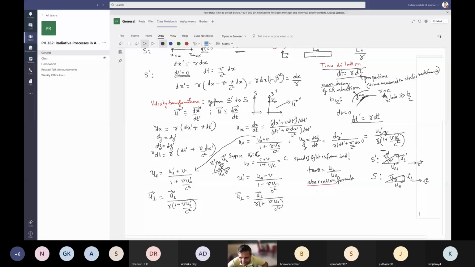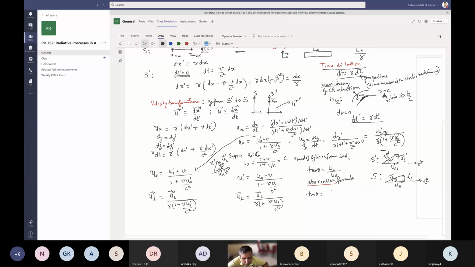Let's see. So this is tan theta. All we have to do is substitute. So tan theta is equal to u perp by u parallel. So this is u perp and this is u parallel.